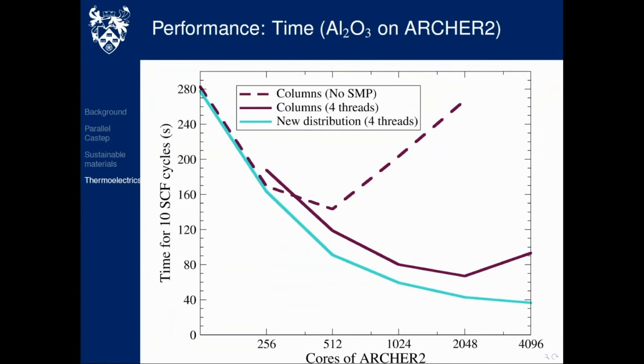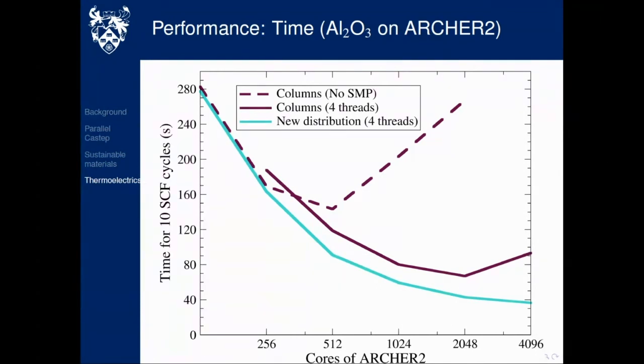And I actually can't show you beyond 4,000 cores because beyond 4,000 cores, I have fewer than one thing to distribute. So that is as far as you can take this calculation without distributing it in an additional way, which we can do in CASTEP, but I wanted to focus on the Fourier parallelism.